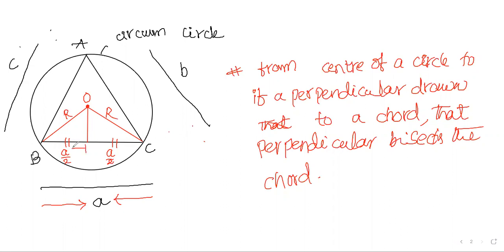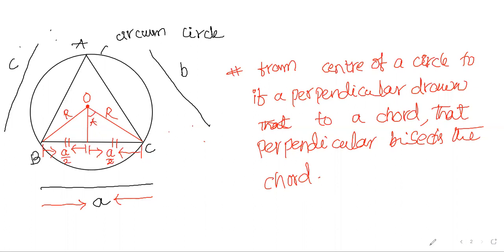So from here to here is a by 2, and from here to here is also a by 2. Now let's say this is angle A.